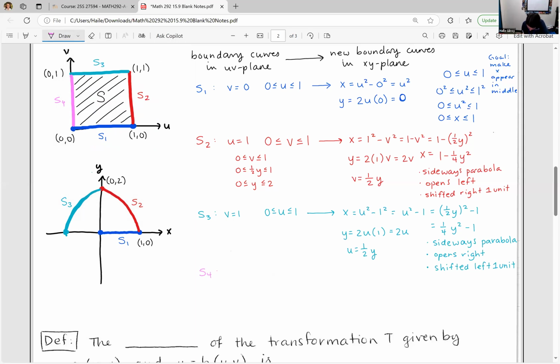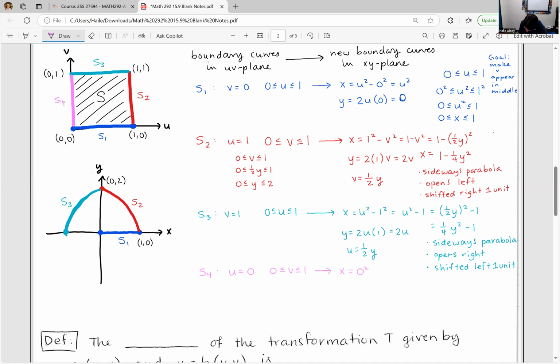This is the left vertical side of the original square. What we notice about S4 is that the u coordinate is always 0, and v ranges between 0 and 1. So if we're going to translate this into x and y, x is equal to u squared minus v squared.